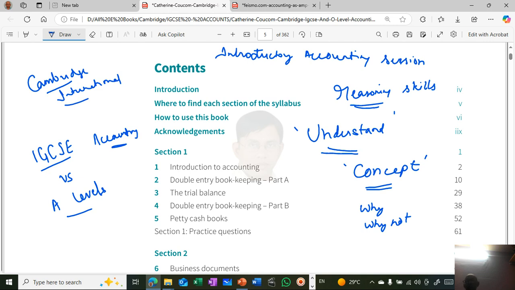Unlike other boards where you have to study lots and lots of things, here you will be taught comparatively lesser volume, but the depth will be very strong. That is why Cambridge International students are very sharp.